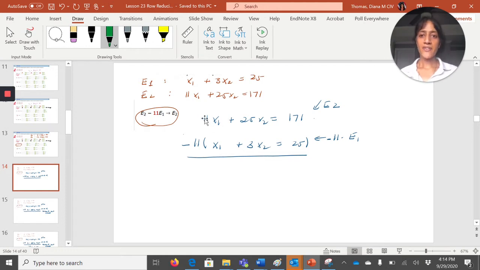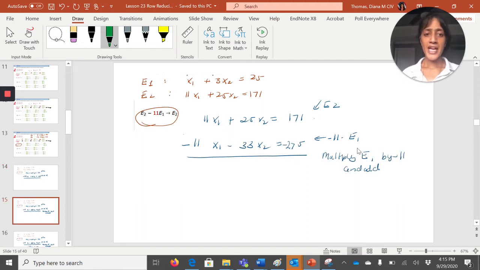I took E2 and I took -11 and multiplied it by E1. I do a lot of things to keep myself from making errors in bookkeeping problems, and it still doesn't help. But let's see, I take -11 and multiply it times the whole of E1.